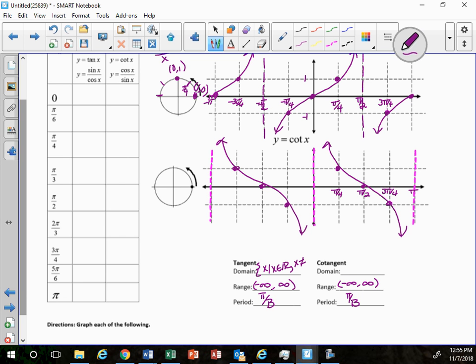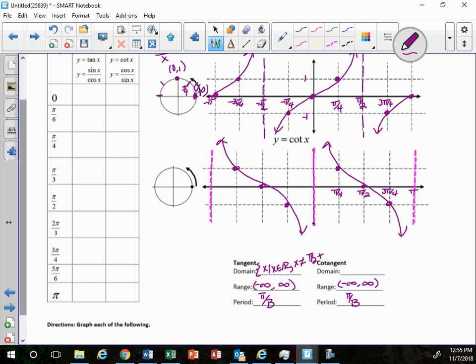Where's an asymptote? Pi over 2 plus, how far apart are they? Are they pi or pi over 2? It's pi. Yeah. Distance between asymptotes.